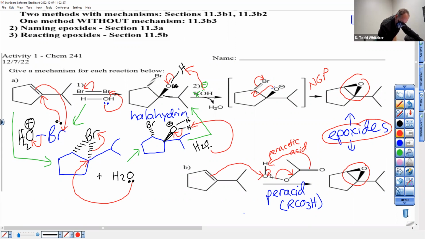Now, this mechanism doesn't sit well with me when I see arrows coming towards arrows, because that's not natural, is it? Arrows don't like arrows. But if you remember, there was a sequence here. The first arrow is done, and the fourth arrow is later.